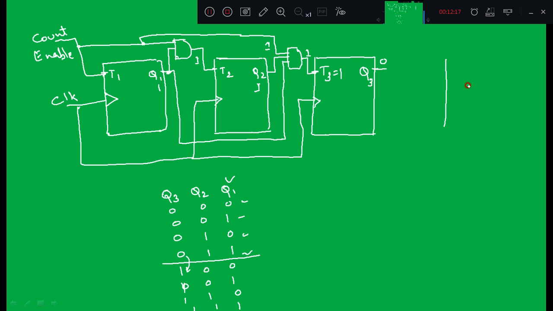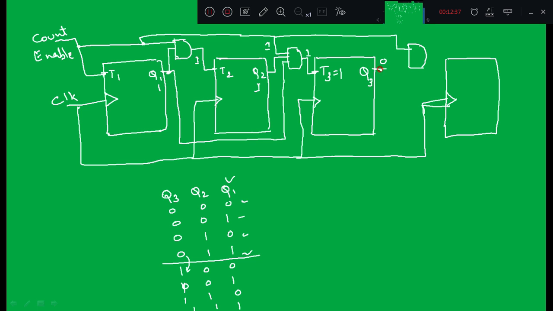Similarly, if I include one more flip-flop, it will become a mod 16 synchronous binary counter. Short the clock, and now I have to use one more AND gate, but in this case with 4 inputs: the first is count enable, the second is Q3, the third is Q2, and the fourth is Q1.